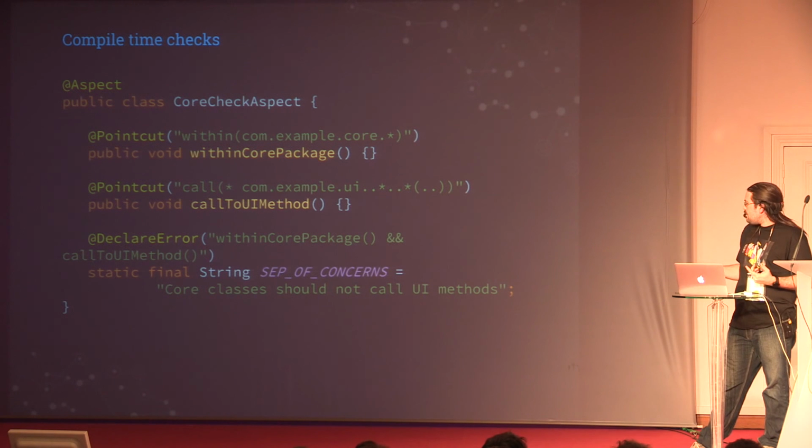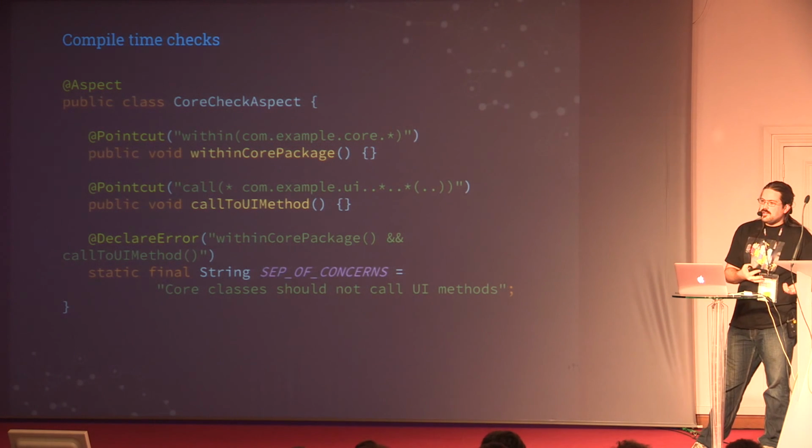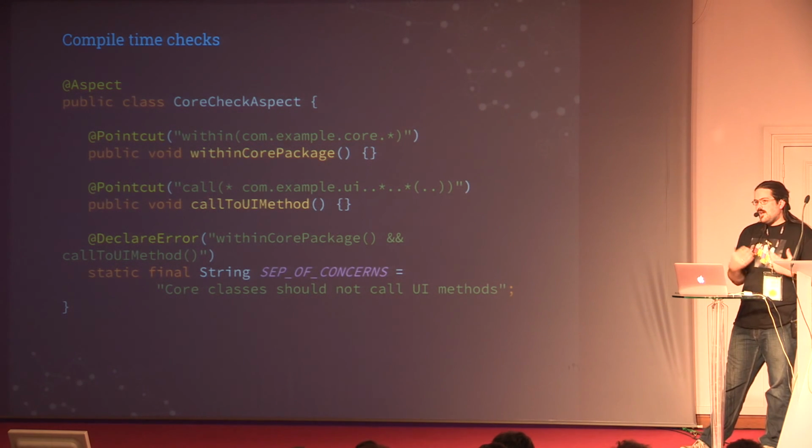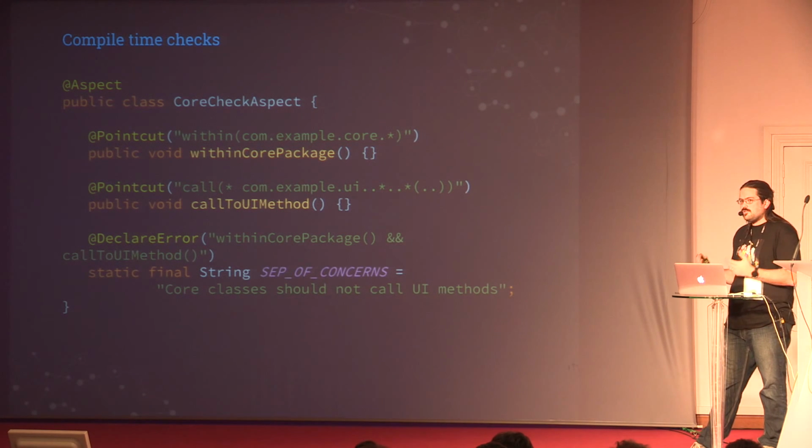When you combine both, you can say, okay, I want any code inside the core package that calls a method inside the UI package, and say that it's not supposed to be.